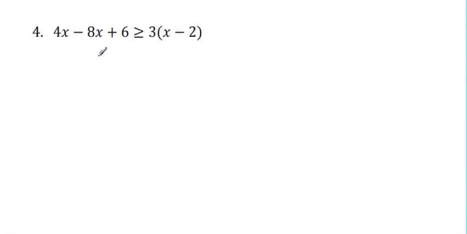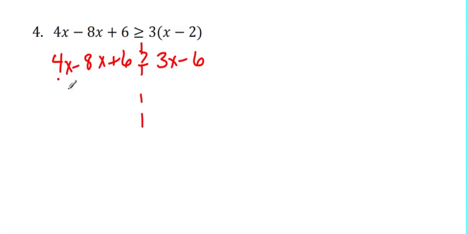All right, number 4. I need to first get rid of the parentheses, so this side would stay the same. Distribute a 3 through. Now clean up both sides. So on this side, 4x minus 8x would be negative 4x plus 6 is greater than or equal to 3x minus 6.